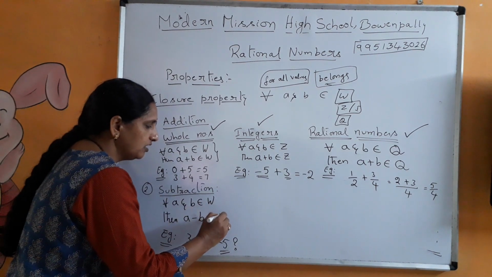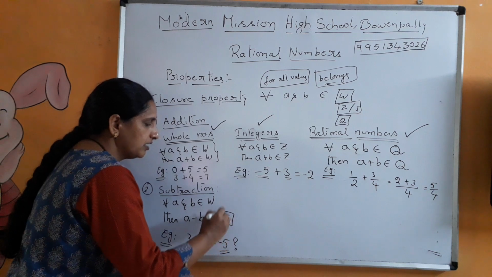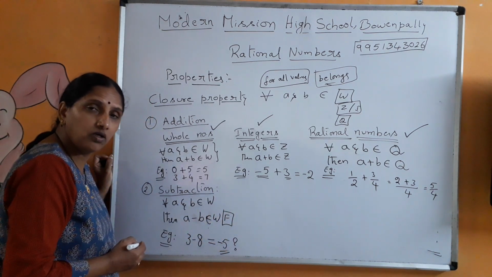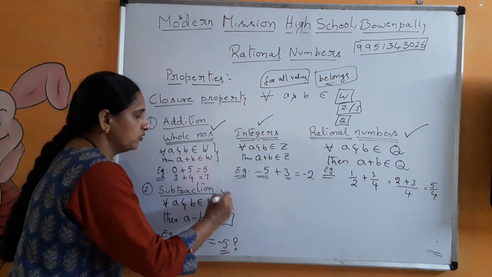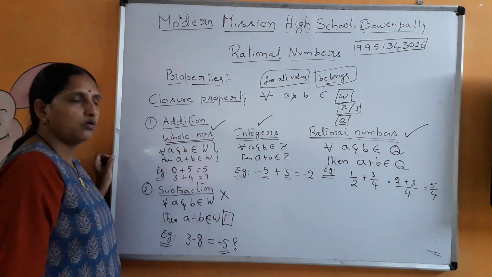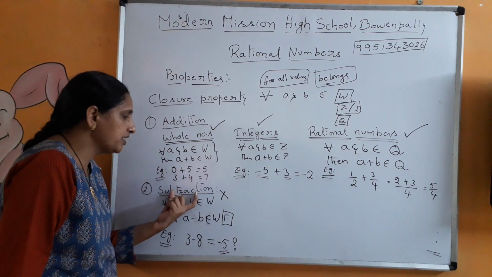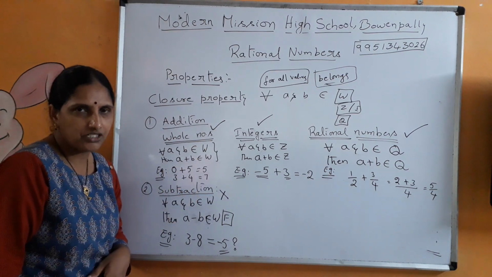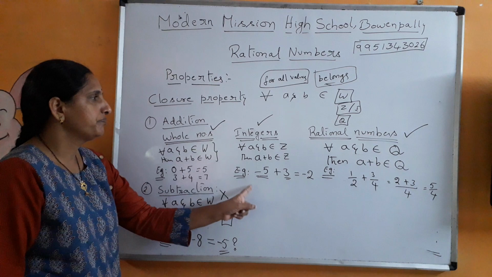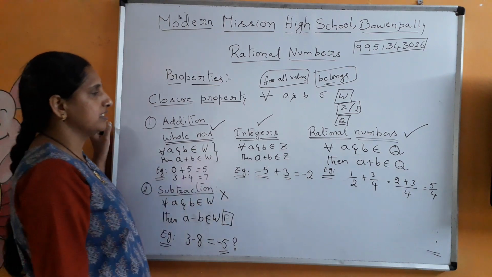So therefore this is false. So whole numbers do not obey closure property under which operation? Under subtraction. Now let us see for integers.